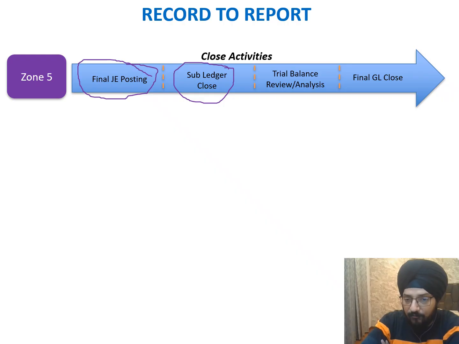There is no pending information that lies in my interface table, because of which my balances can be out. So all that reconciliation needs to be ensured before we start the final close activity. Trial balance review analysis. So we extract the trial balance to ensure that we have information made available in the trial balance.